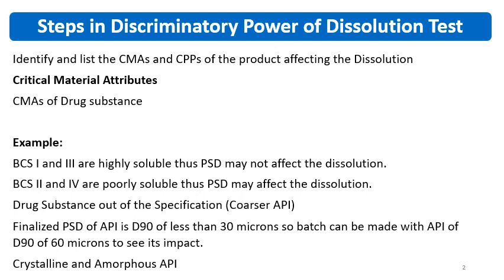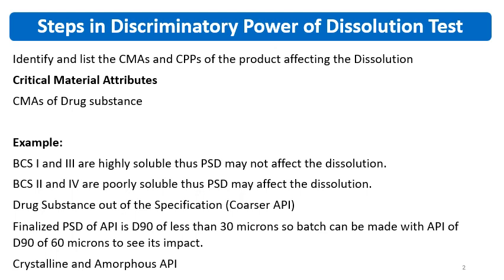So the best practice for demonstrating the discriminatory power is to have your data of all the batches in your hand and then check when and which batches failed in dissolution, which batches were faster than the innovator, which batches were slower than the innovator.